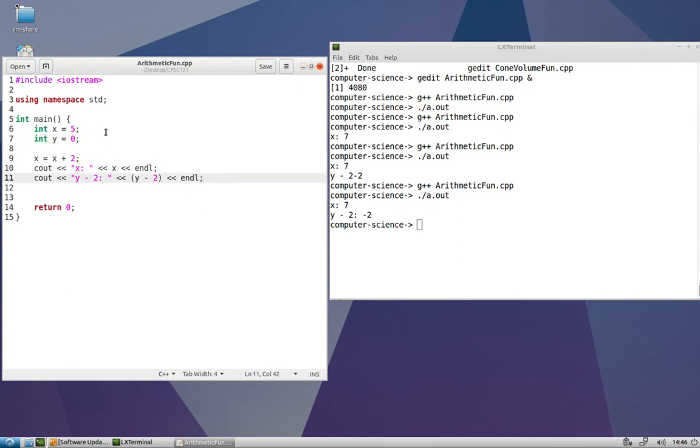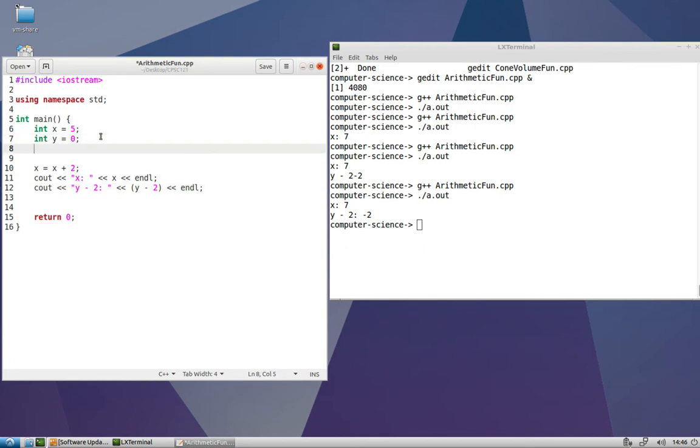Now, let's say we have a third variable. Let's call it z, and it's a double. And let's make it 5.0, some value, doesn't matter. And now, let's say x is assigned x minus y divided by z. Now, based on order of precedence, how is this evaluated?